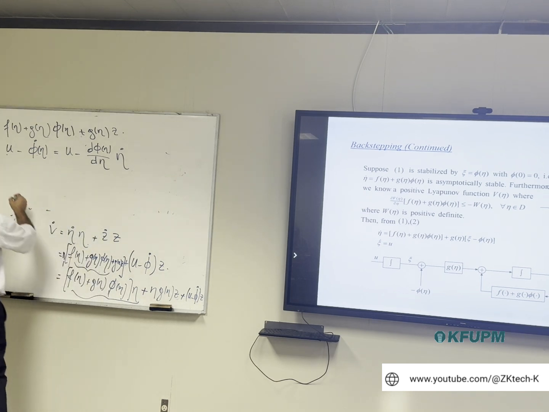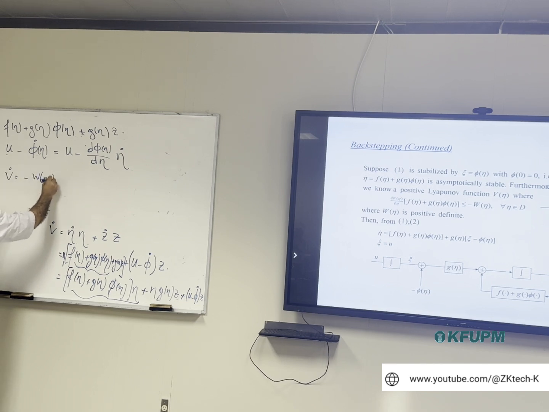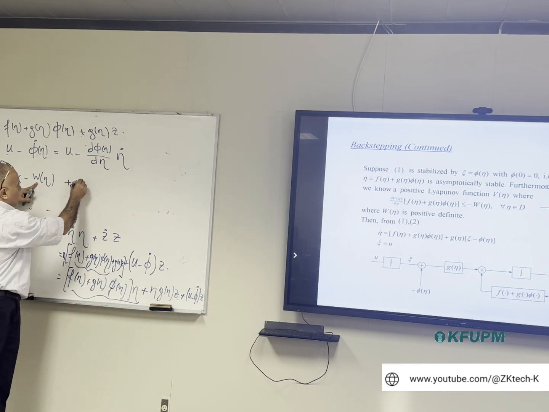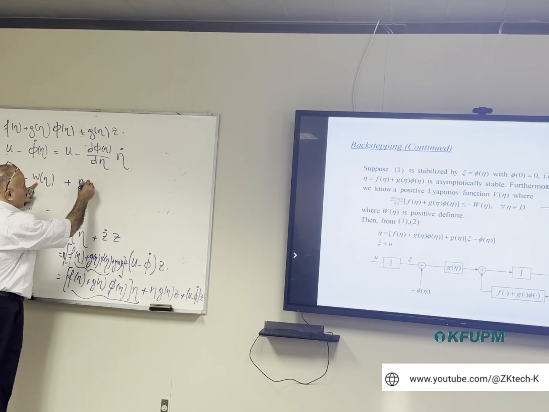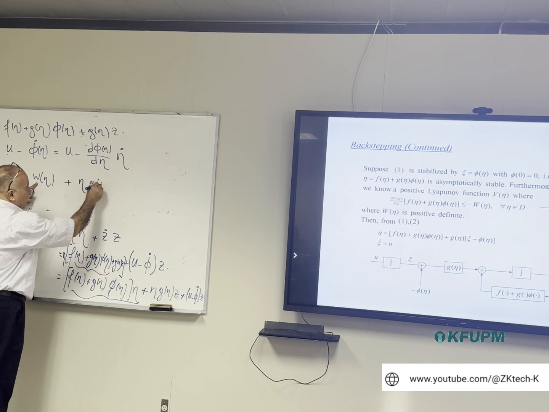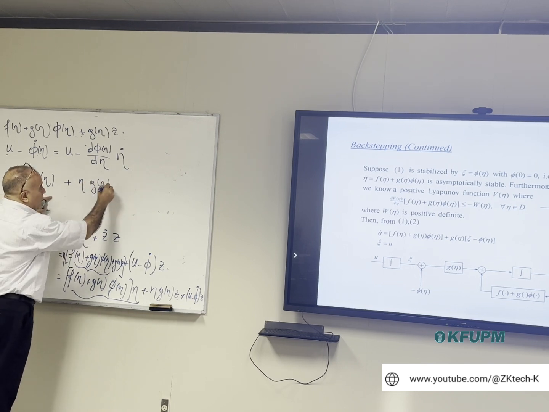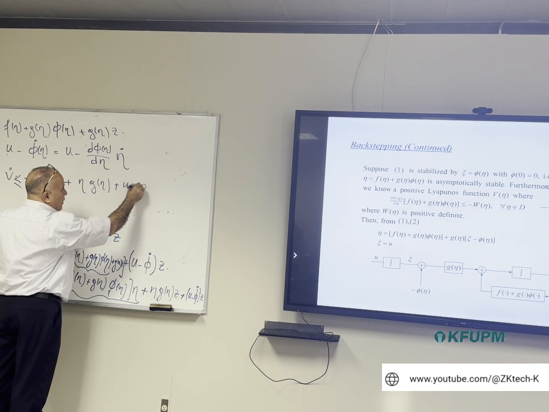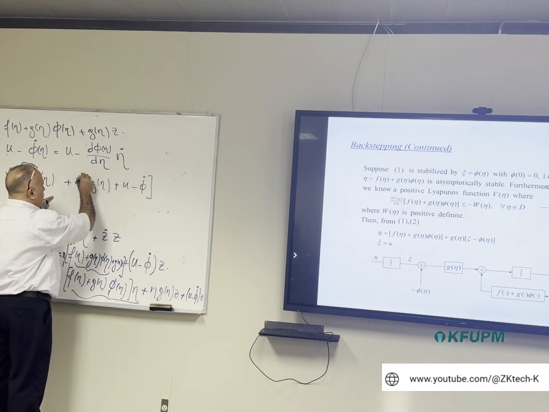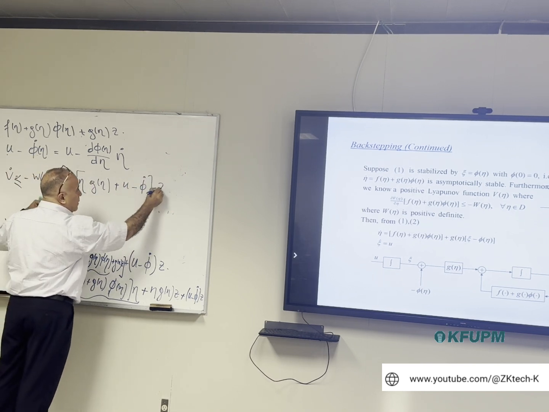So we are going to say v prime is equal to minus w of eta, less or equal normally, but we are going to say equal. You can put it less or equal if you are bothered with this. Plus eta g of eta plus u minus phi prime, the whole thing multiplied by z.